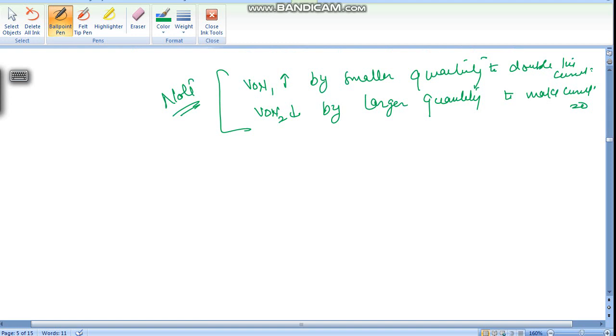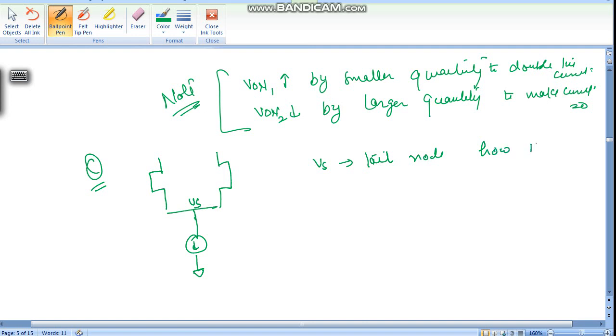Okay, now we have another question: how is this tail node going to behave? VS is the tail node, and how is it going to be impacted by this change in Vin?